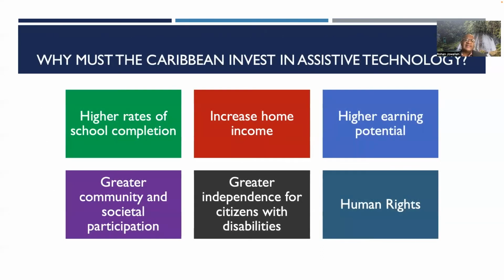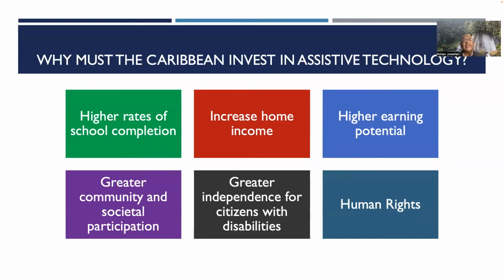When we look at assistive technology, we have to look at higher completion rate. When students do not have access to assistive technology, this places them at risk of not completing their school. When we look at the community and social participation, if you do not have access to certain technologies, you can't participate.